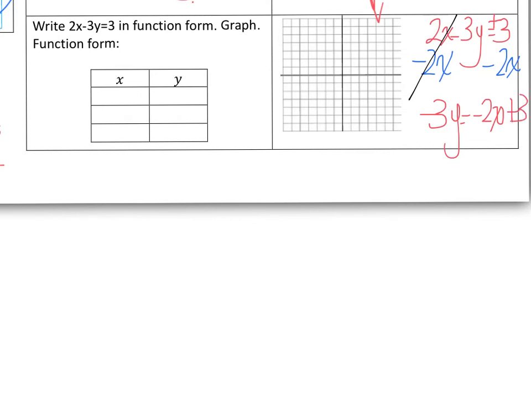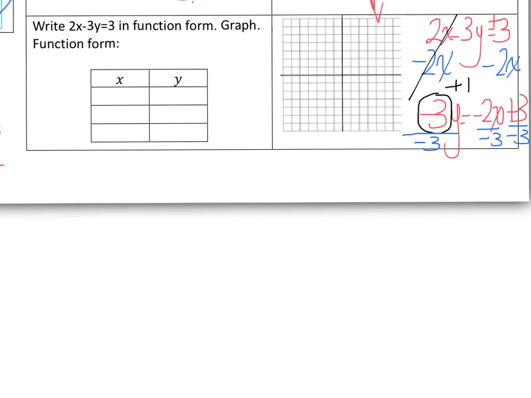And then, remember I told you that we need to make this coefficient a positive 1? So in this case, we need to divide by negative 3 every single term in the equation of the line.